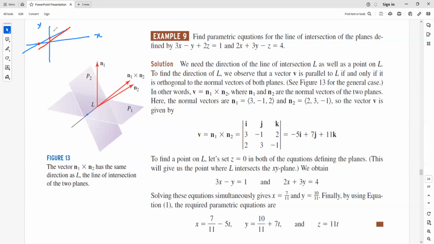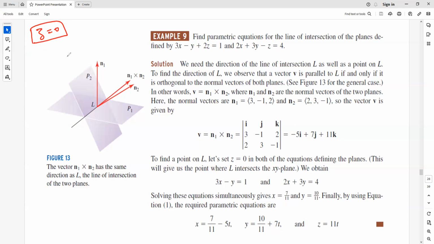The point where it cuts the y-axis, the x coordinate is 0, so it's like 0, b, and where it cuts the x-axis, the y coordinate is 0, so it's like a, 0. Similarly, a line in space will have some coordinates where x is 0, or y is 0, or z is 0, right? So there will be points. So we can do one thing: let's say we set z equal to 0.